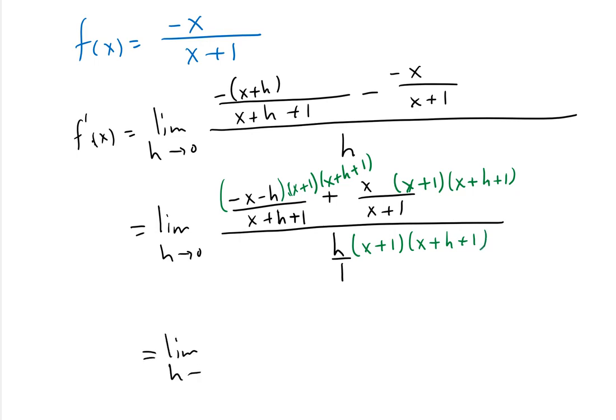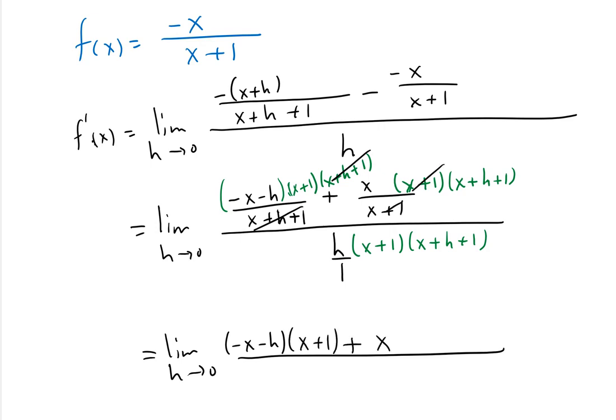Now the things simplify out. These cancel. Negative x minus h times x plus 1. This cancels. X times x plus h plus 1. H times x plus 1 times x plus h plus 1.